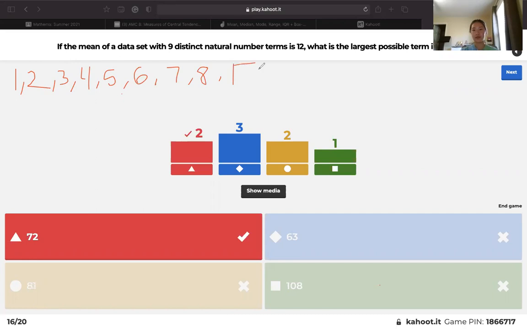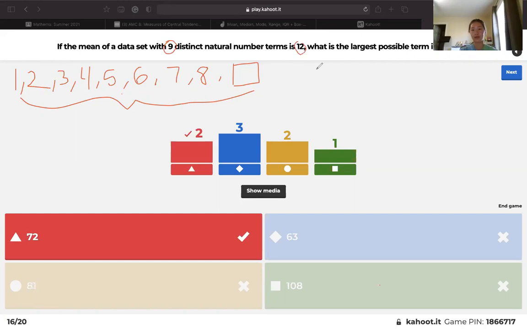So this last number, we can find by finding the total sum of all of these numbers using the mean which they give us, and then subtracting these first 8 numbers. So the sum of all of the numbers in this data set, we find that by multiplying the number of numbers by the average.